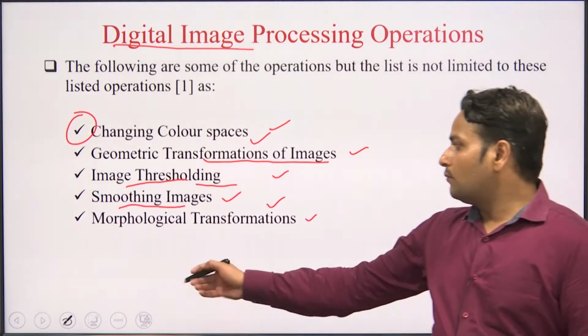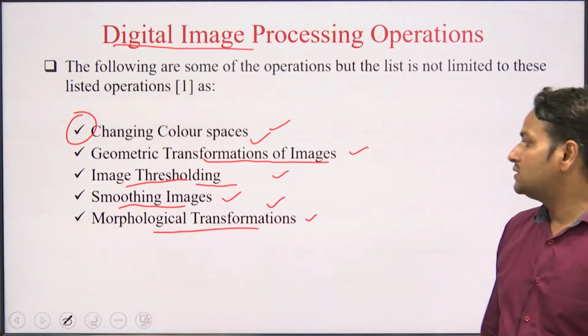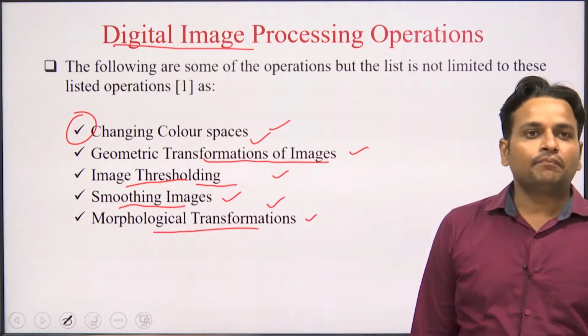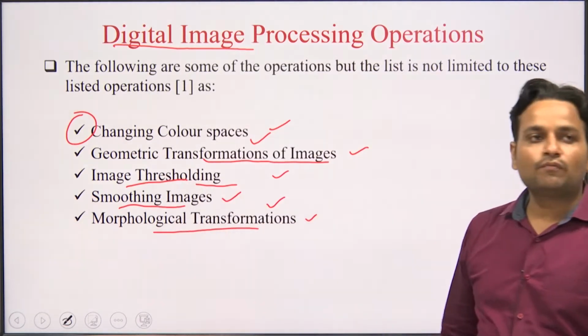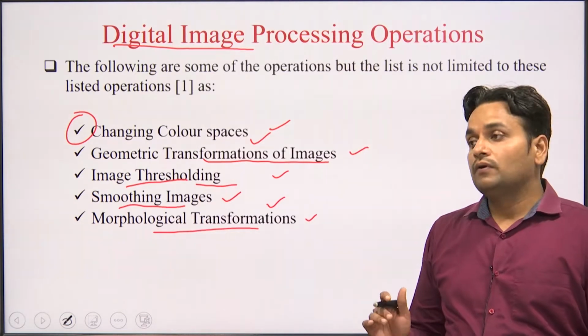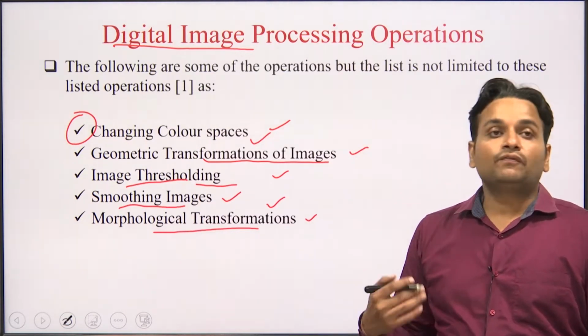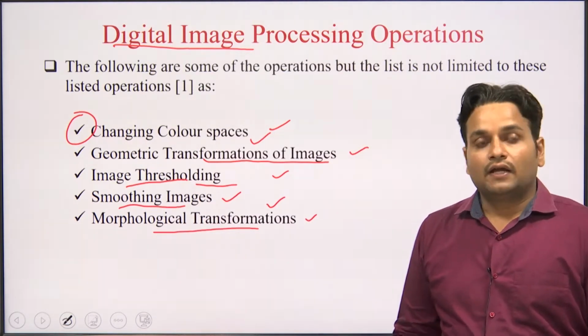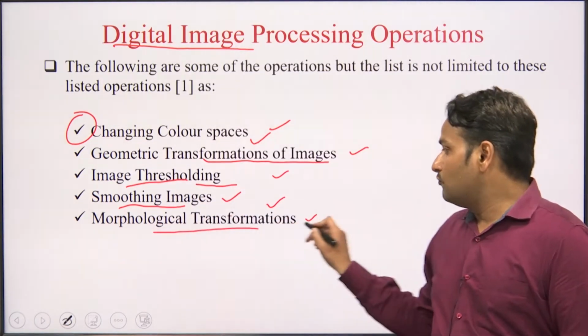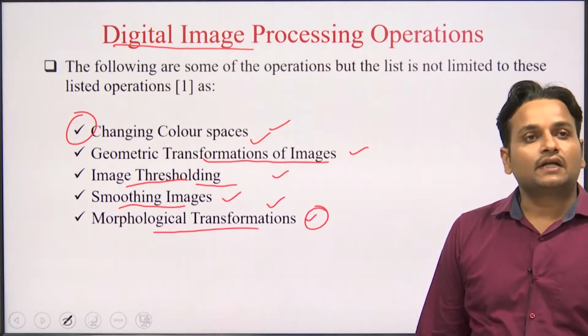And another term is morphological transformation. If we take the example of morphological transformation, you can think about how you looked 4 or 5 years ago; that information will be provided by the morphological transformation.